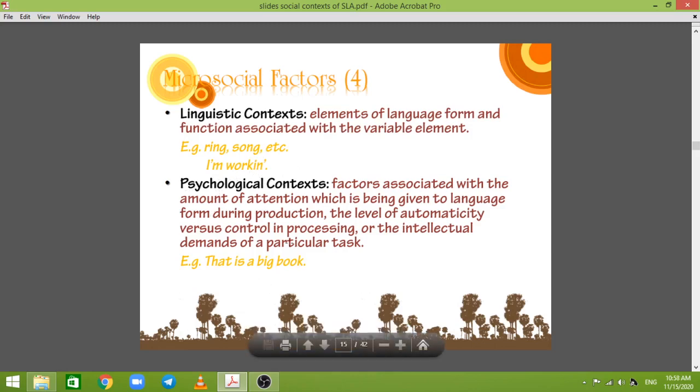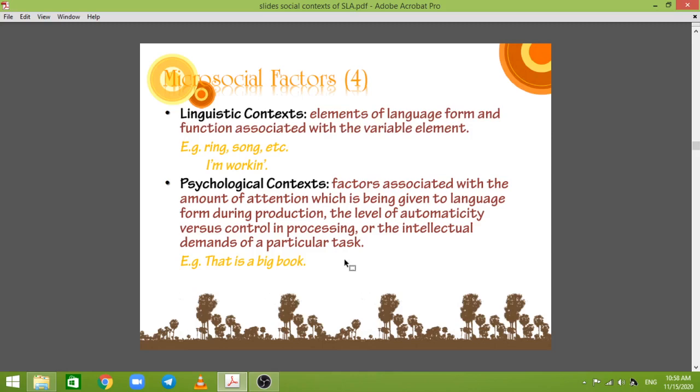Another context is psychological context. This can be factors which are associated with the amount of attention which is being given to a language form during production, the level of automaticity versus control in processing, or intellectual demand for a particular task, everyone.